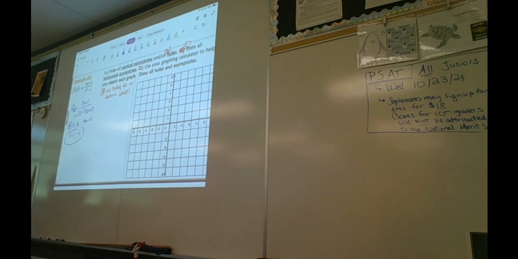And then our horizontal asymptote, this is a little bit different from our other one. For our horizontal asymptote, we compare the degree of the numerator and the degree of the denominator. What's the highest degree in my numerator? X to the first, yeah, 1. And then the denominator? 2 is your highest, x squared. So the degree of my numerator is less than the degree of my denominator.